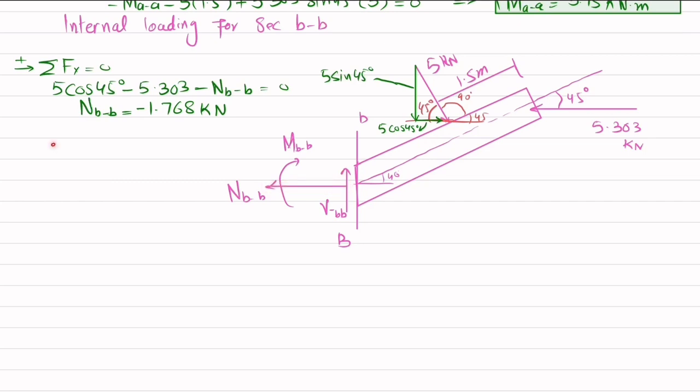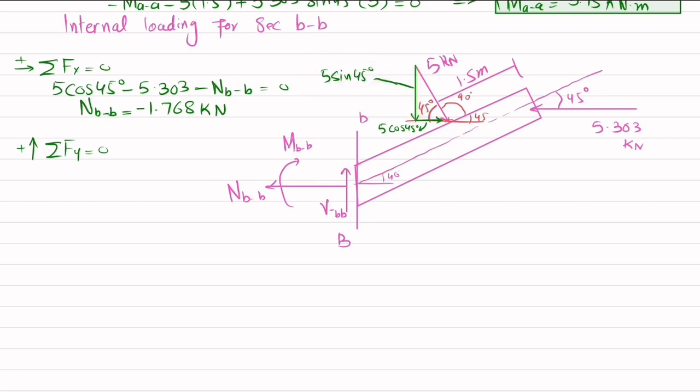Now we will find VBB. For that we will apply the equilibrium equation, that the sum of all forces along y direction must be equal to 0, and upward force is taken as positive. So along vertical we have VBB, and we have this vertical component, which is 5 into sine of 45.